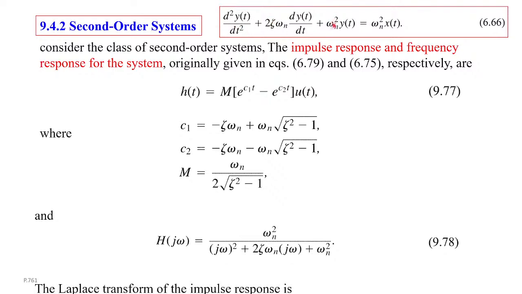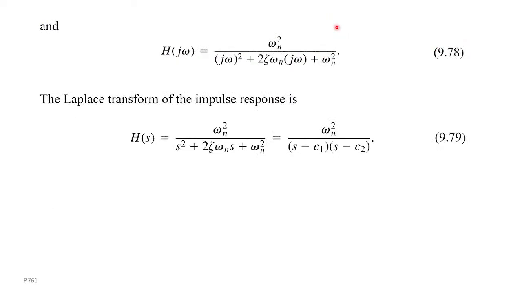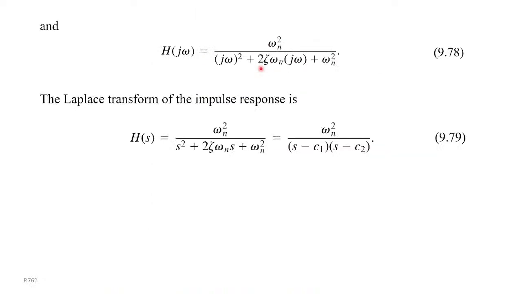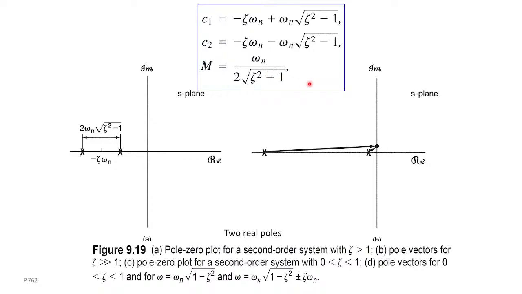If you have a negative sign here, it's really a different system, and for the second order system we have a positive sign here. Anyway, omega n is positive, and you have two roots, and their properties will depend on c.